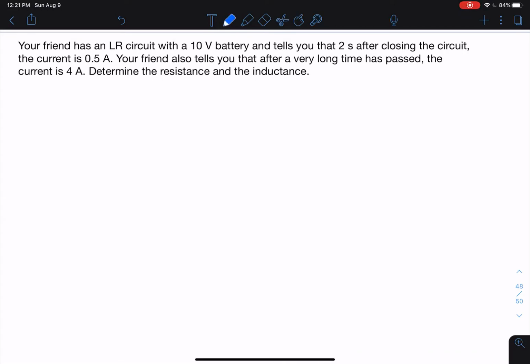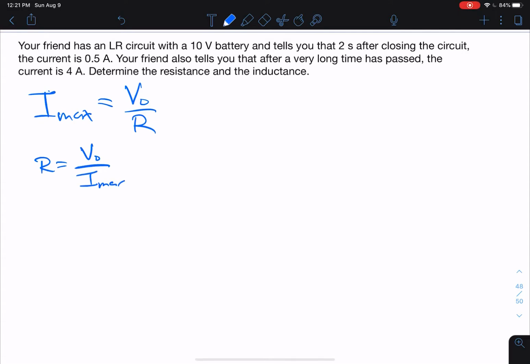We have this formula that relates the max current to the voltage of the battery and, of course, to the resistance. So we can easily solve for resistance. R is going to equal V naught over I max. So I know what V naught is.